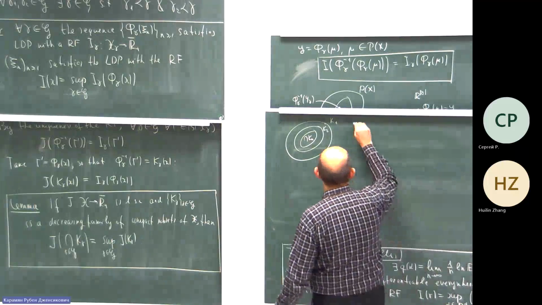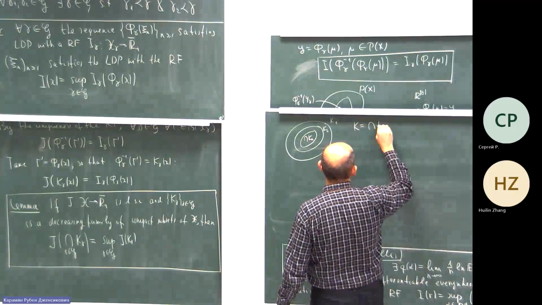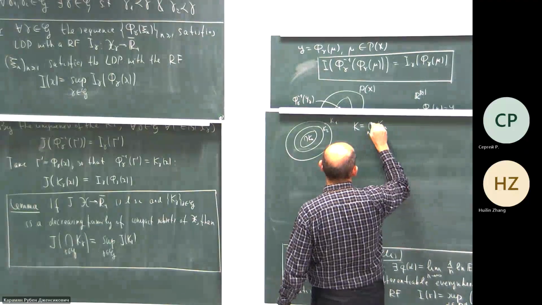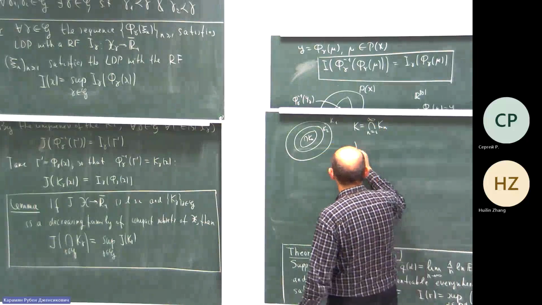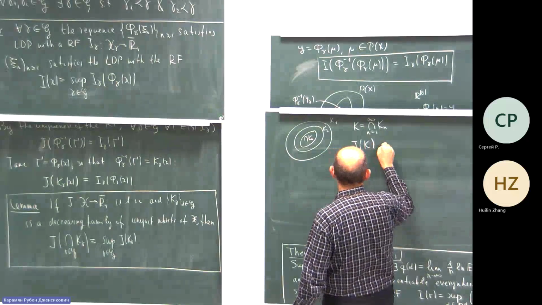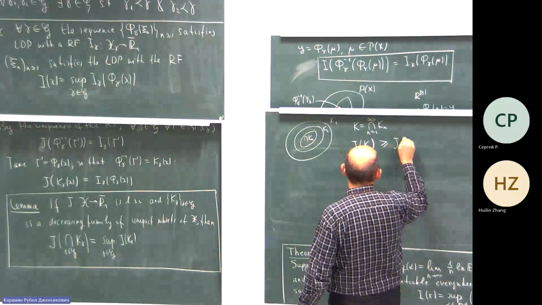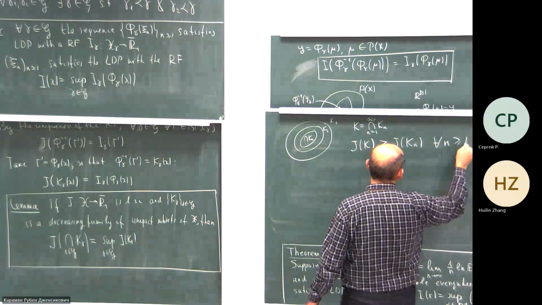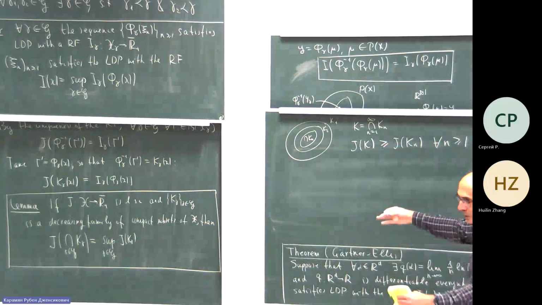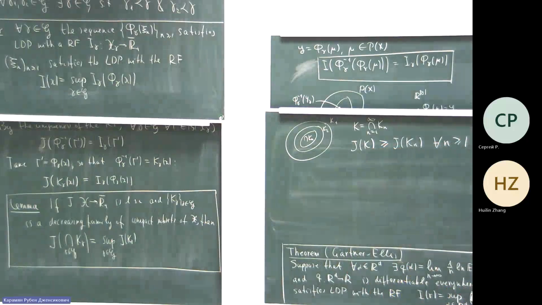Let me denote by K the intersection of K_n. Then obviously the infimum over K is greater than the infimum over K_n for any n, and the larger the set, the smaller the infimum.